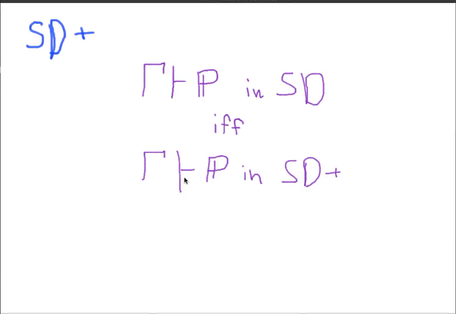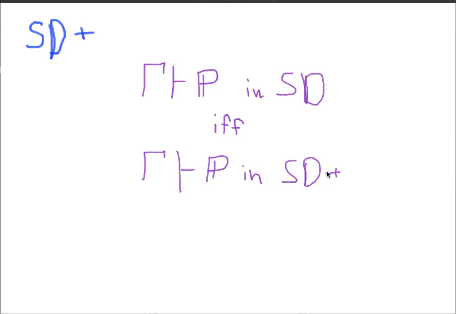So this is a biconditional, right? What this is saying is we're not going to be able to prove anything we couldn't have already done beforehand. Vice versa, anything that's derivable with the rules in SD+ is going to be derivable in SD, and anything derivable in SD is derivable in SD+. Just keep this in mind when we're introducing these new rules. We're not actually getting any more power out of the derivation system.